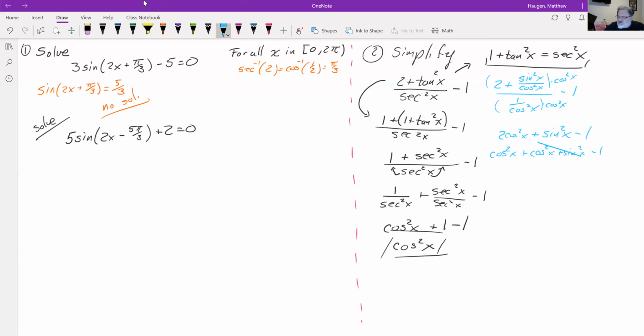So you can turn this into a 1. That's probably the hard step that way, is splitting up that 2 cosine squared x. So that's a little conceptually icky, but works just fine too.